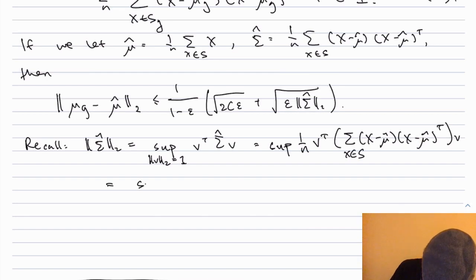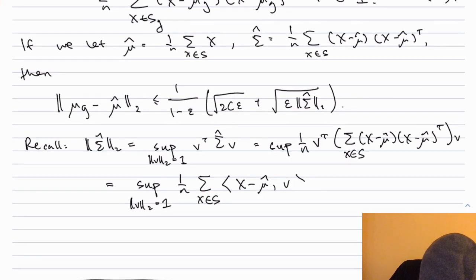And this just becomes sup over V with unit norm of 1 over n times the sum over x in S of the inner product of x minus mu hat with V, squared. So in other words, it's maximizing this degree 2 polynomial over the unit sphere. So this will be a useful fact later on.